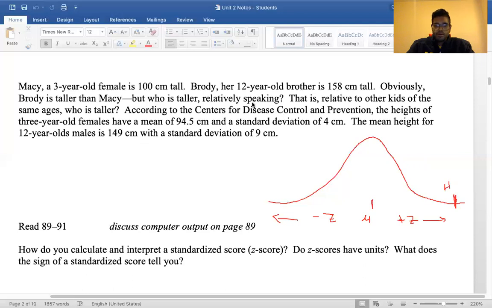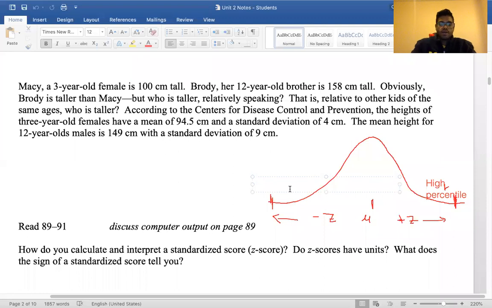So high, this is going to be a high percentile. And then if I have a value on the other side, it's going to be the opposite of that, which is a low percentile. So that's kind of where we're going with all this.